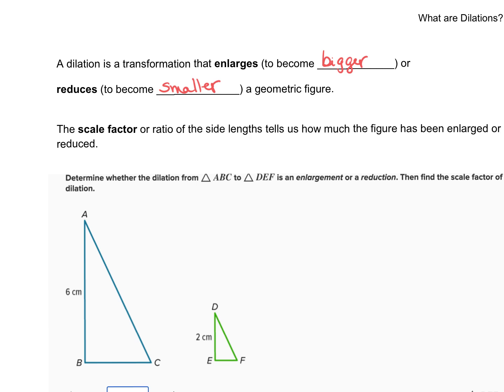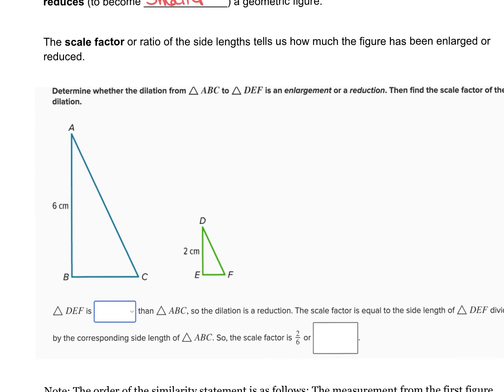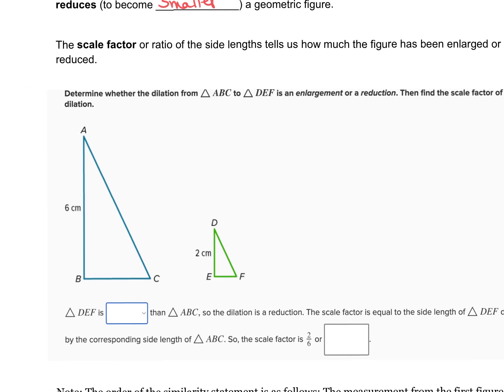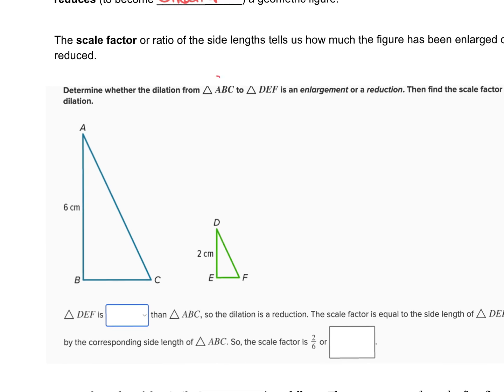So let's look at this first example here. It says determine whether dilation from triangle ABC to triangle DEF is an enlargement or a reduction. Then find the scale factor of the dilation. Now, notice how it says from ABC to DEF.